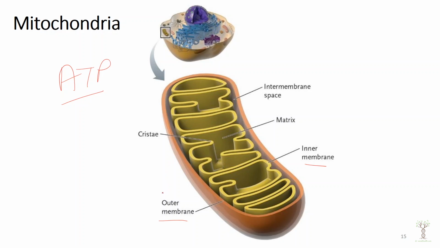The mitochondria have two membranes as well, but it's folded in a different way, and we call it cristae. Inside the space here, we call that the matrix, and then in between the membranes is the intermembrane space. When we look at how we produce ATP, this intermembrane space will become very important.